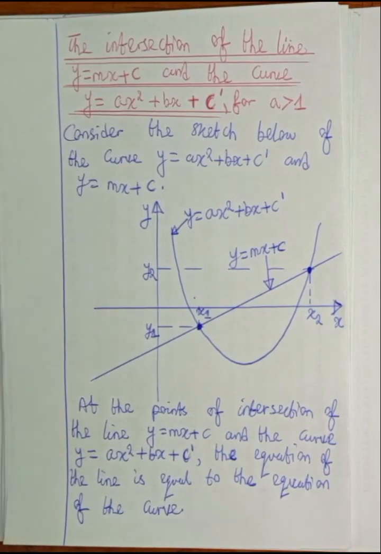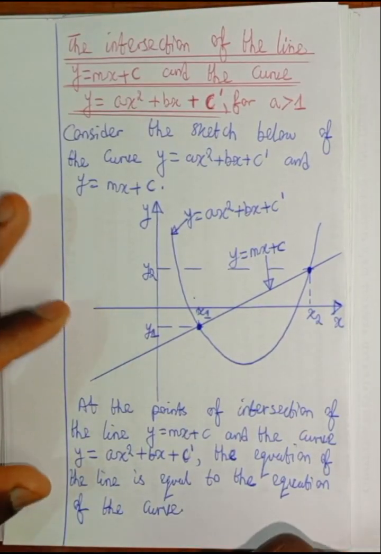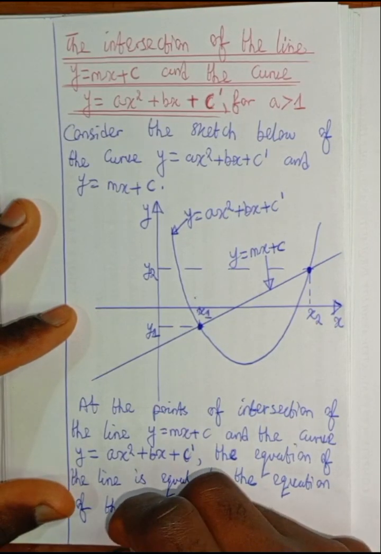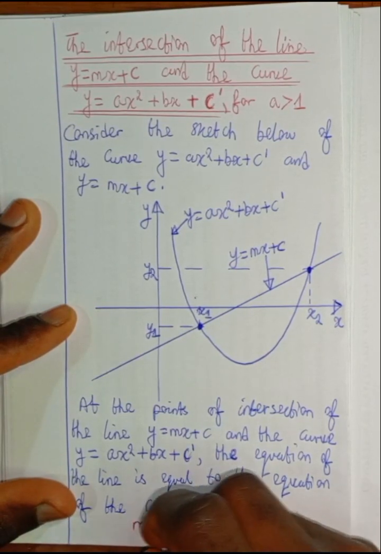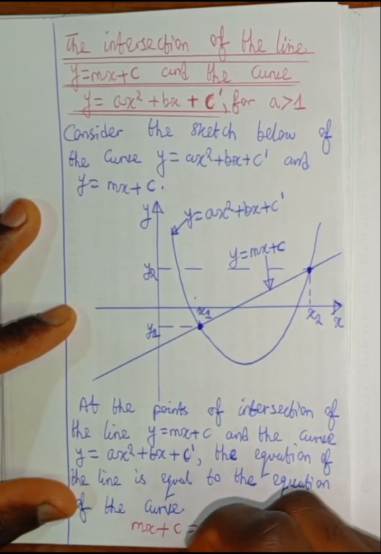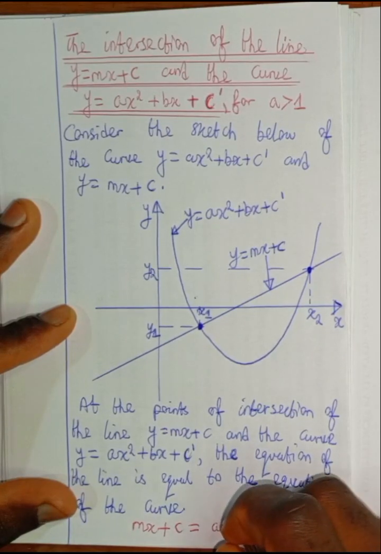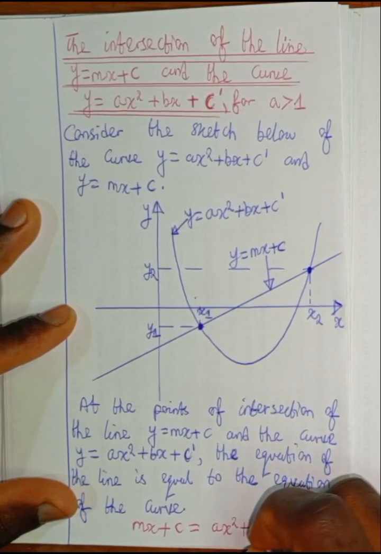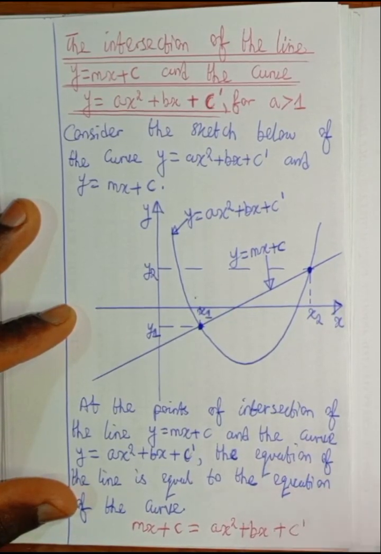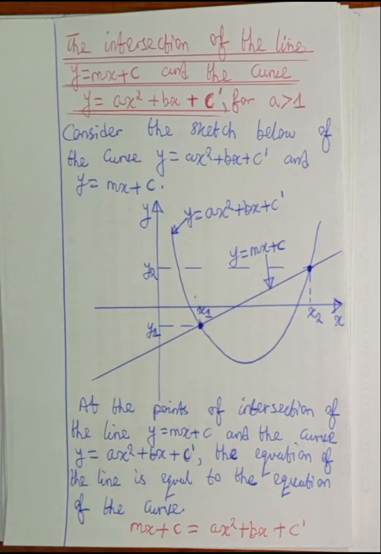That's what it simply means. It therefore means that we have mx plus c to be equal to ax squared plus bx plus c prime. That's what it simply means.